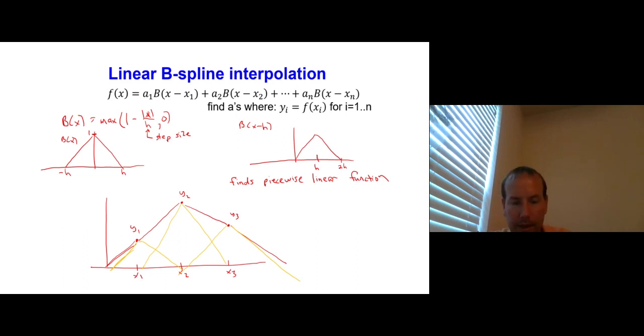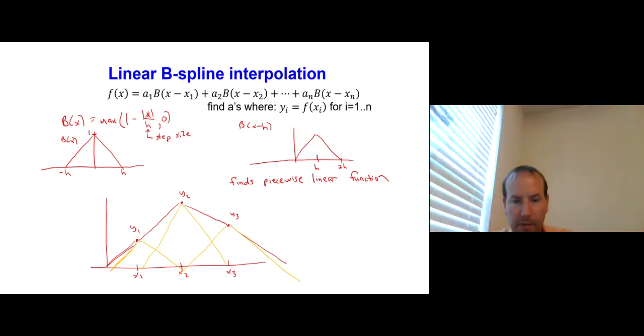And so it's basically 3 different triangles or basis functions that are getting added together. And so when you add them together in terms of the equations, it looks like this.